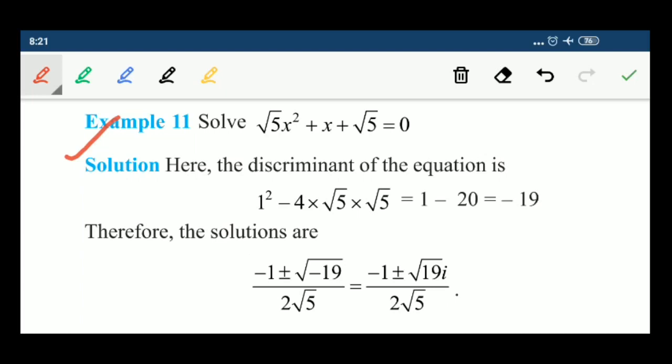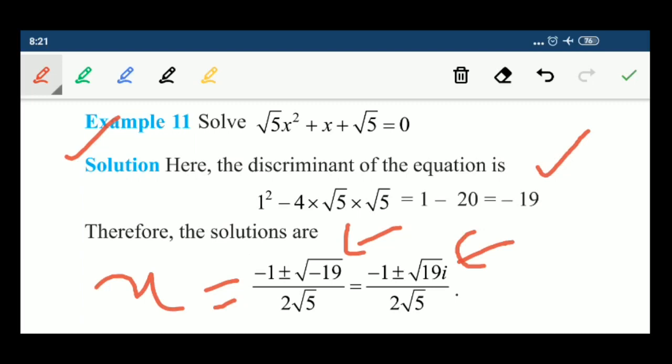So here you will get your discriminant as minus 19, and its solution is x equals to minus b plus minus under root d upon 2a. Put the values of a, b and c and d, and you can see your discriminant is negative, and in place of under root minus 19 you will substitute iota. So which is our required solution of this quadratic equation.